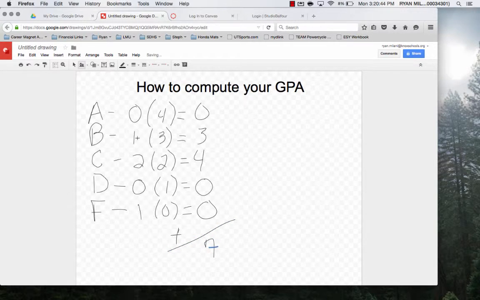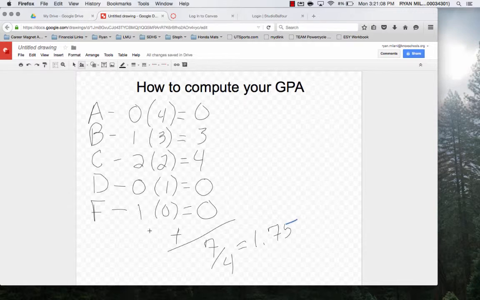And then I'm going to take 7 and divide it by the number of grades I used, which was 4. So 4 goes into 7 1 and 3/4 times, so that's 1.75. So if I have a B, 2 C's, and an F, my GPA is a 1.75.